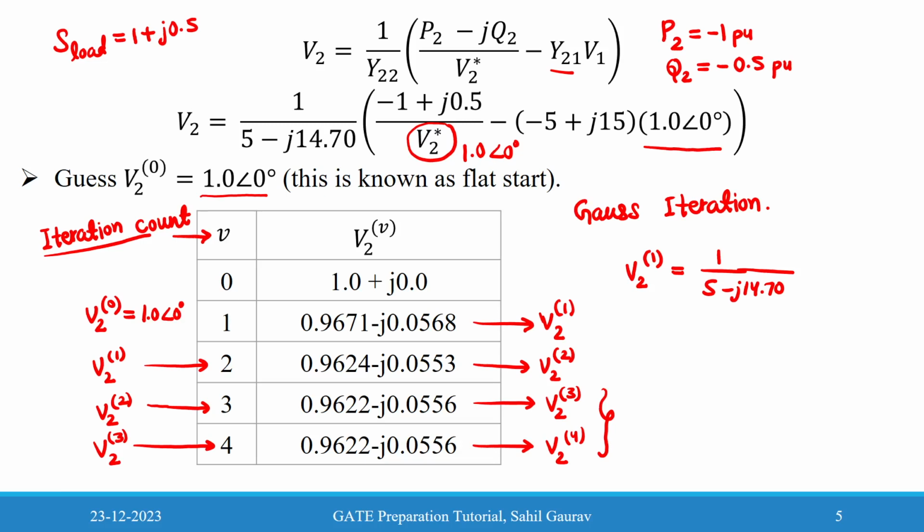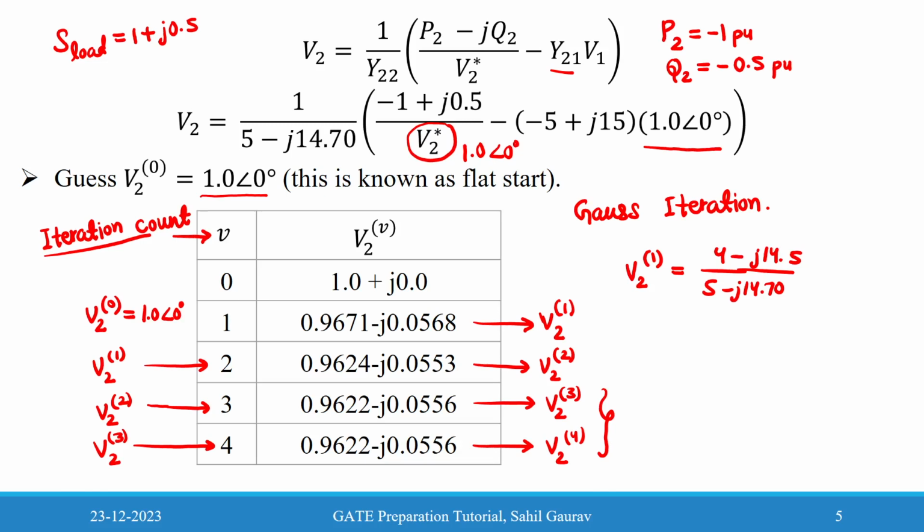So minus 1 plus 0.5j and plus 5 minus 15j. So the top will be 4 minus j 14.5.